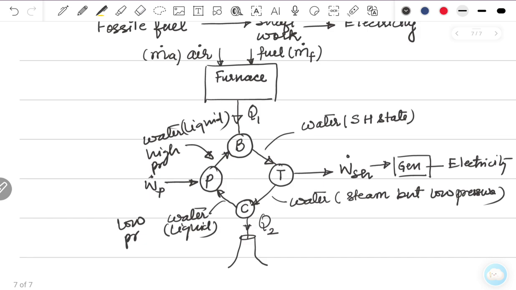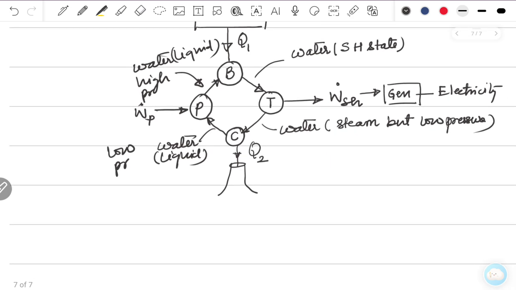Right now, if I apply the first law of thermodynamics, which says that in a cycle, the net heat transfer is equal to the net work done. So here, the heat transfers to this particular cycle: first Q1 to the cycle, that is positive, and then Q2 from the cycle, which is negative.